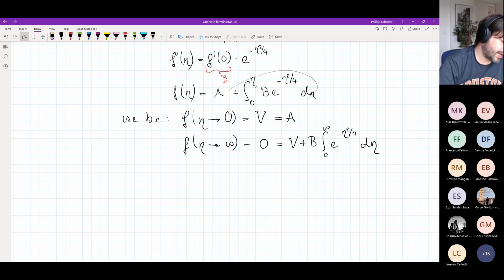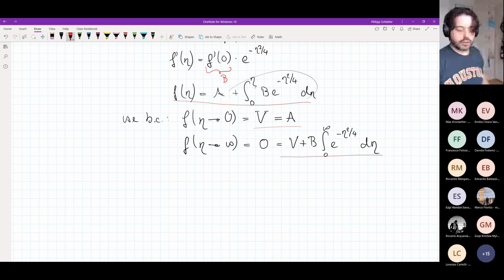Okay, so now we have an equation for f with one expression for a and one expression for the integration constant b. So in principle, we have now our solution of f. We can evaluate a and b, and we can put that in, and then we have our solution.